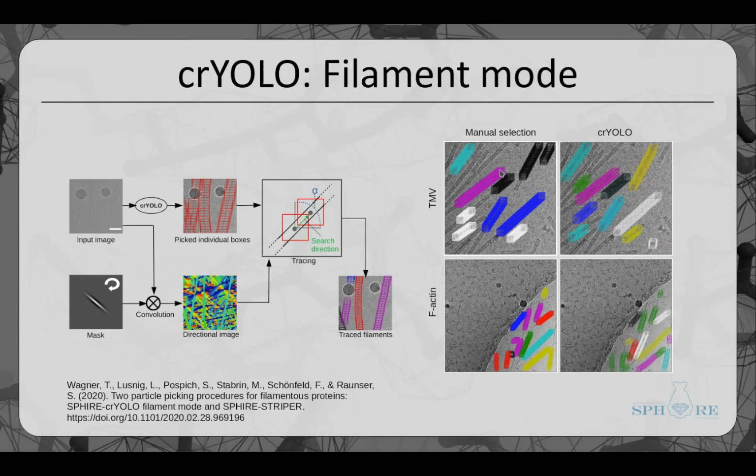In the manual selection, the user basically skipped those filaments that are too close, and crYOLO was able to learn that and to replicate it in principle. And the same for the F-actin. You see that no crossings or almost no crossings are picked. And also the filaments on the carbon edge are not picked.